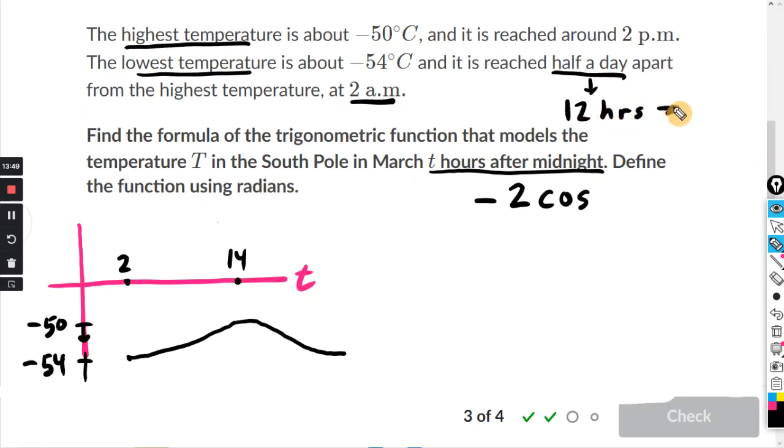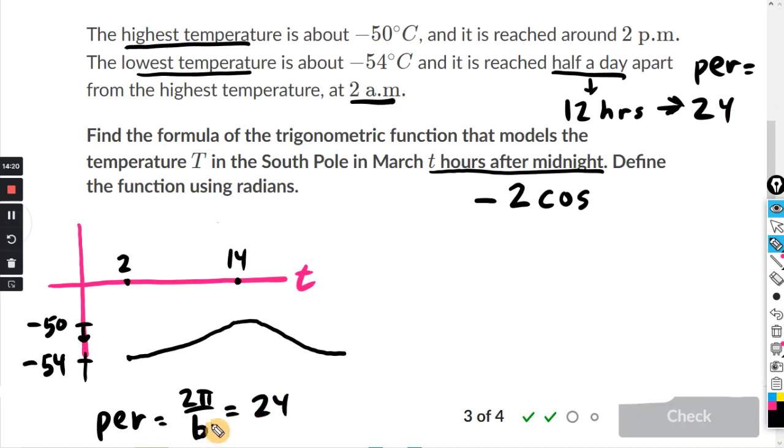So that means a full day is 24 hours. All right, because it goes from highest to lowest. Highest to lowest is only half the period. All right, the full period is going to be 24 hours. So we need to find the value of B based on the period. All right, the formula for period equals 2 pi over B, and that is 24.